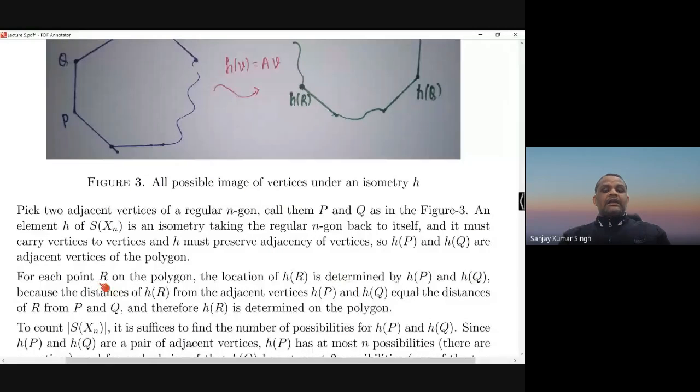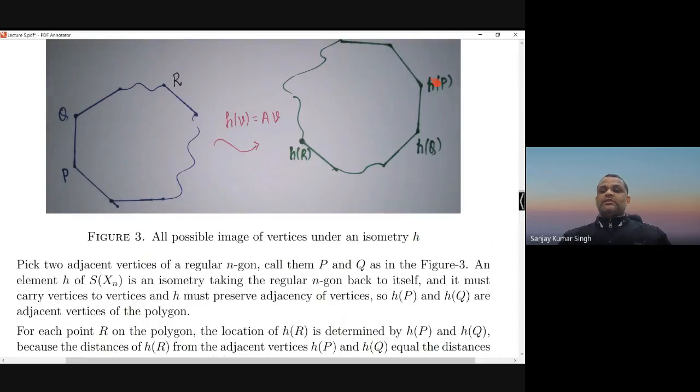Because R has a fixed distance from P and Q, and hence HR has a fixed distance from HP and HQ. And since HR has a fixed distance from HP and HQ, the choice can be only two. And I mentioned that in this case it will actually be only one, because it will lie on exactly one side of the line segment HP HQ.